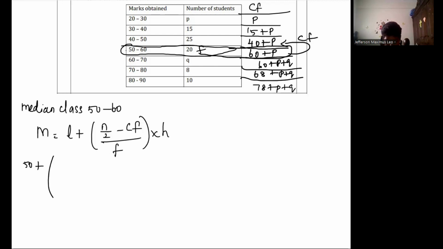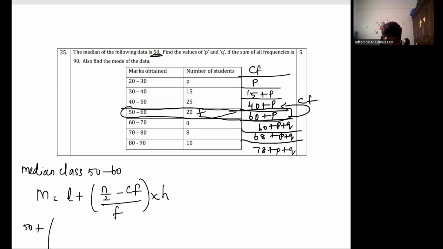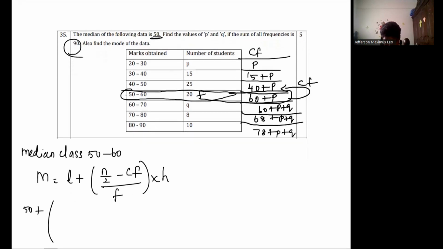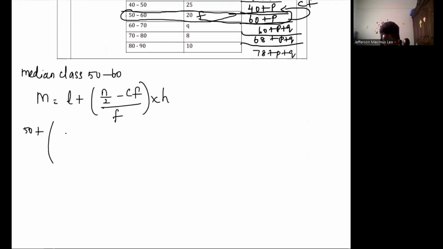The total frequency is given as 90, so N by 2 is 45. 45 minus CF, which is 40 plus P, divided by F which is 20, times H. H is the class size, here 10.